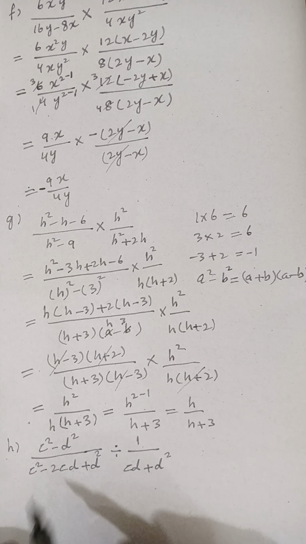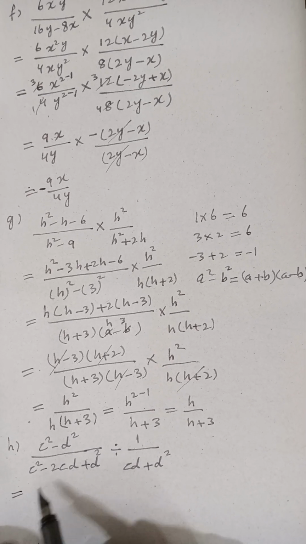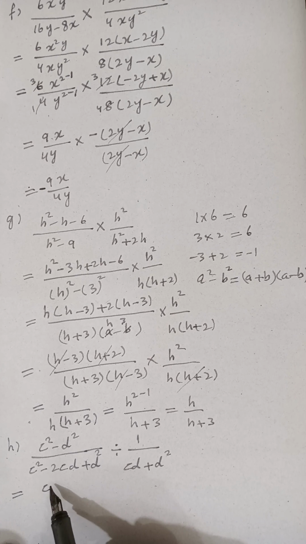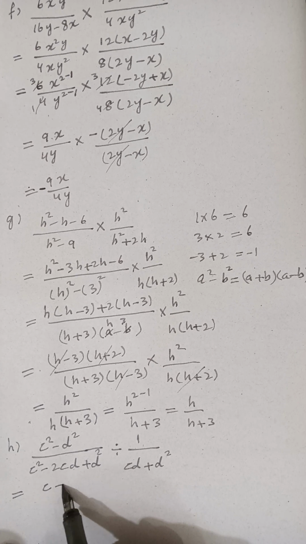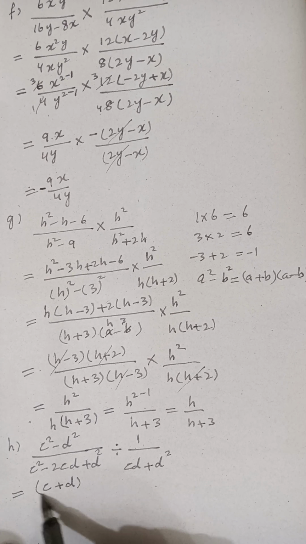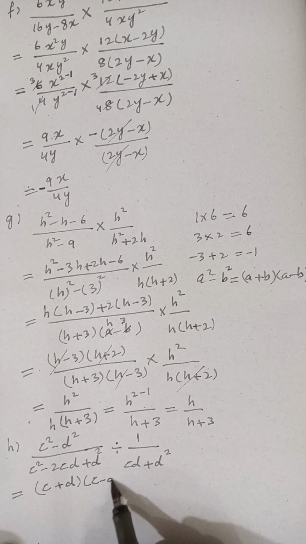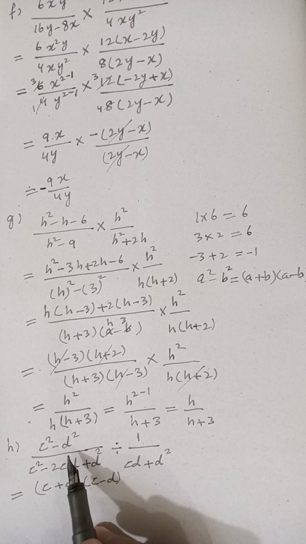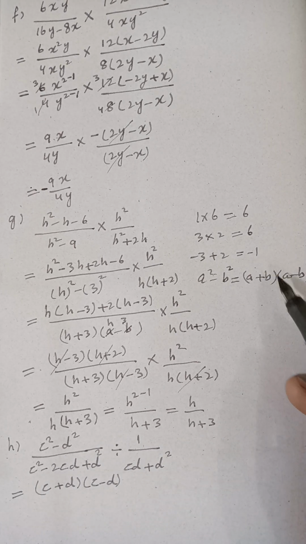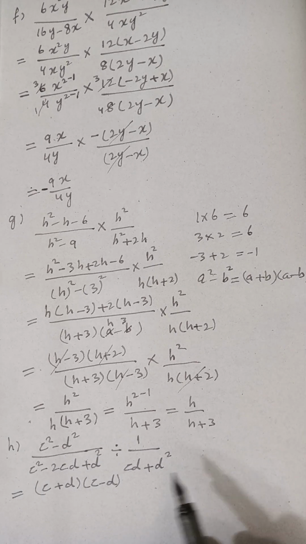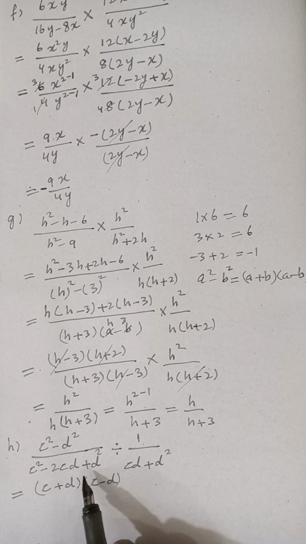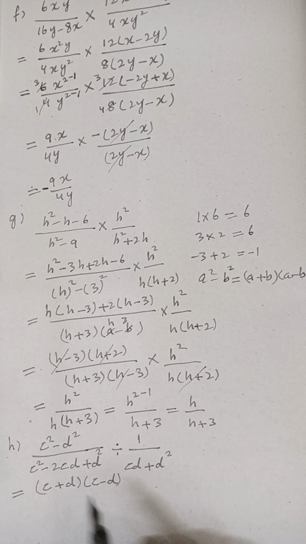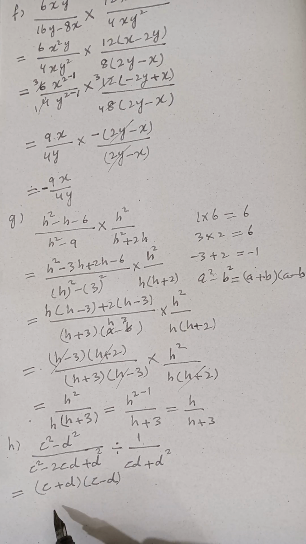See part H now. In the first term, you can apply the identity c plus d into c minus d, as it is a square minus b square, just like that, a plus b, a minus b. And in the denominator, you have to apply the formula.